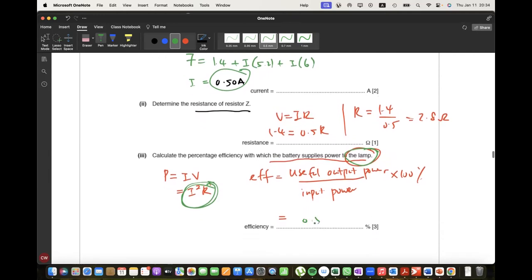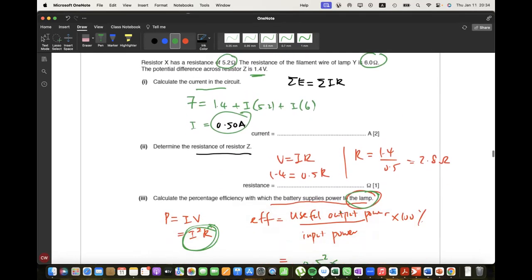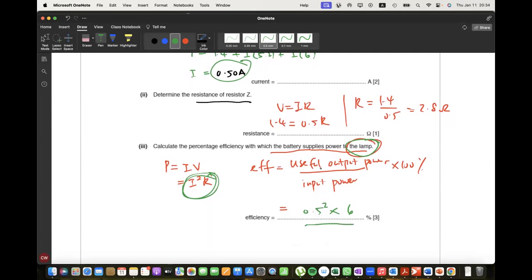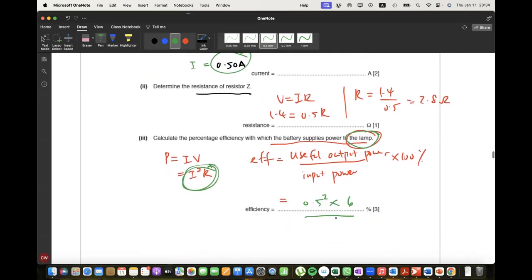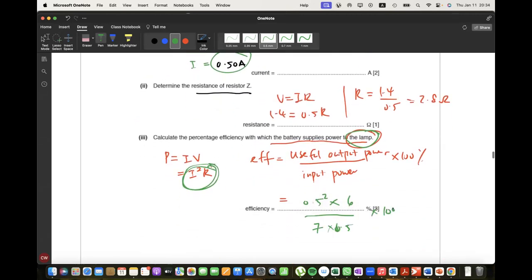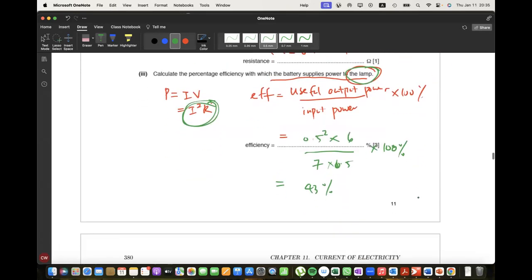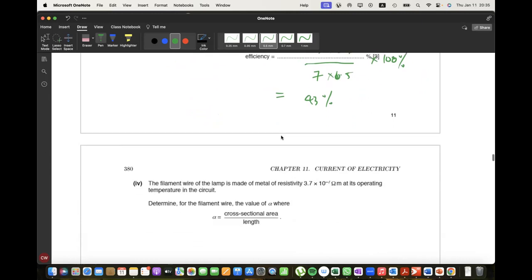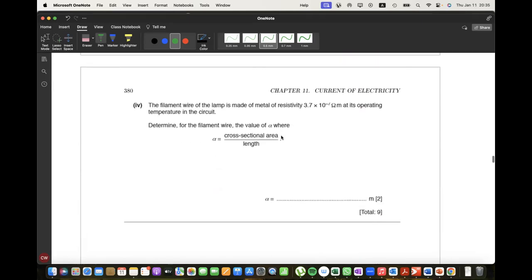The current is 0.5 squared multiplied by resistance 6, over the input power, 7 times 0.5, then multiplied by 100%. 43%, correct or not?